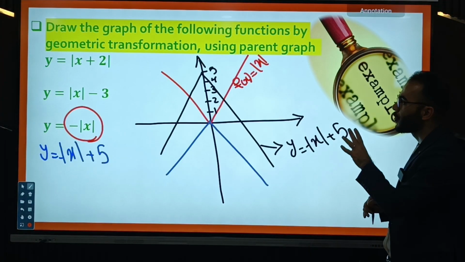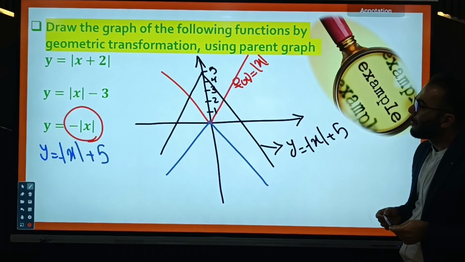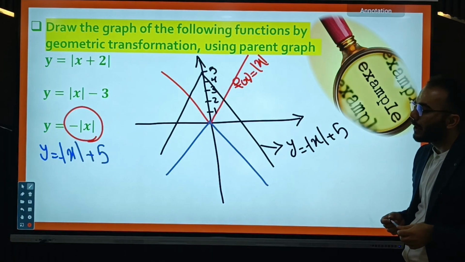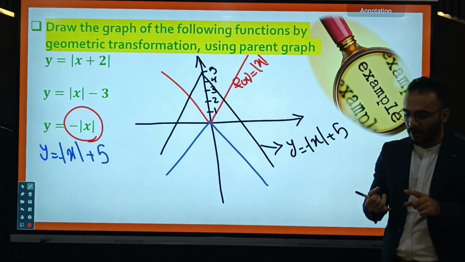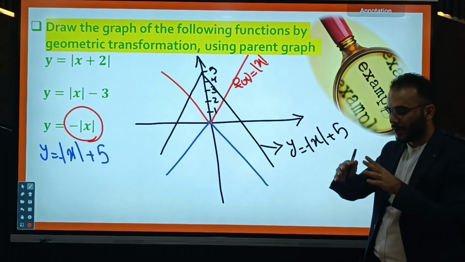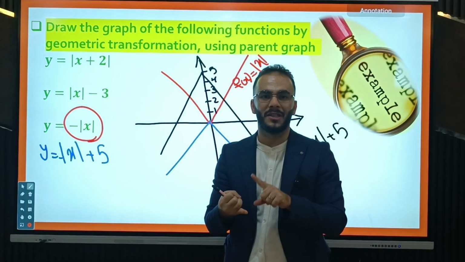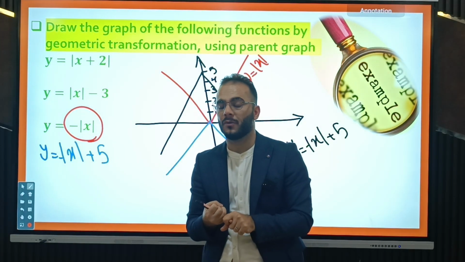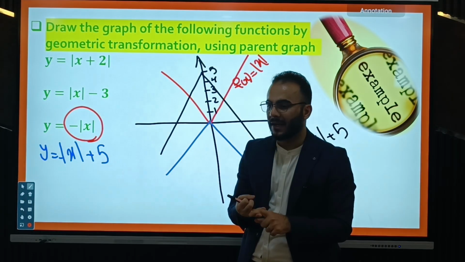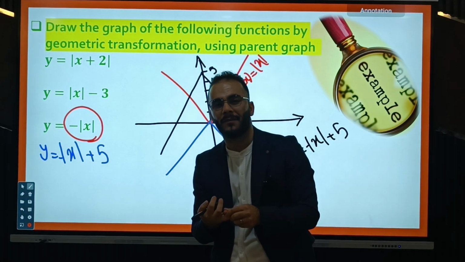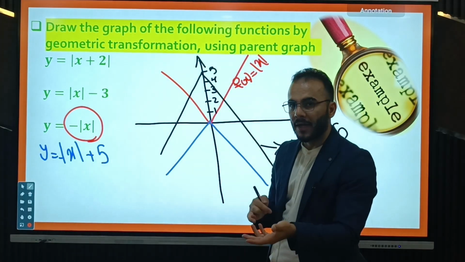This is how you are going to transform an absolute value function. Guys, the absolute value matter is easy. The things we talked about in this video were, first, evaluating numerical problems regarding absolute value. Then we clarified how many solutions we are going to have for equations of absolute value. There were 3 cases.